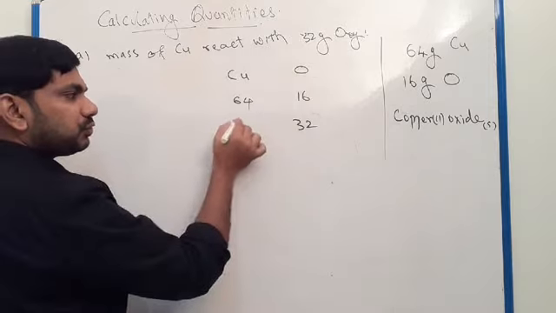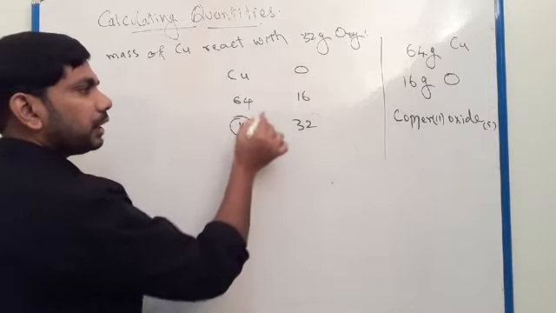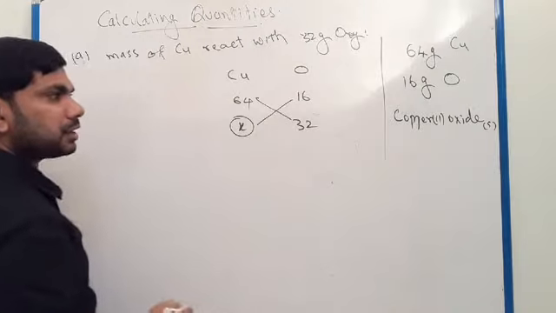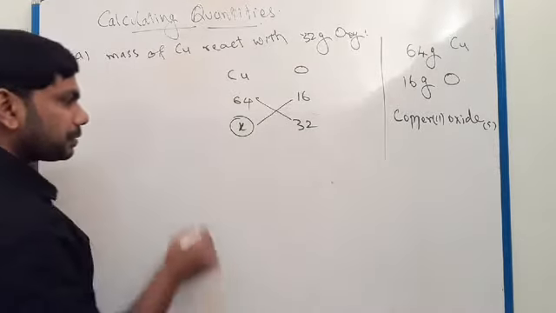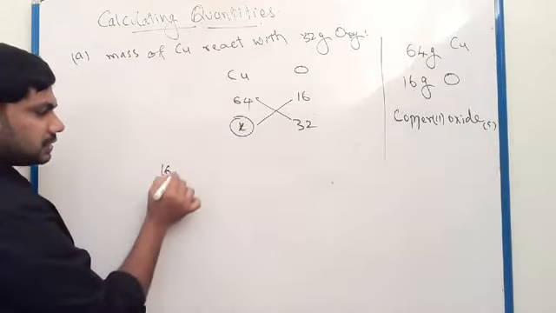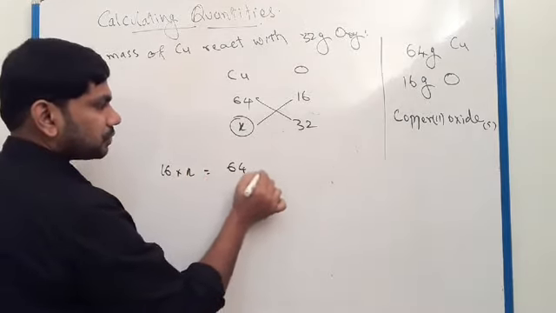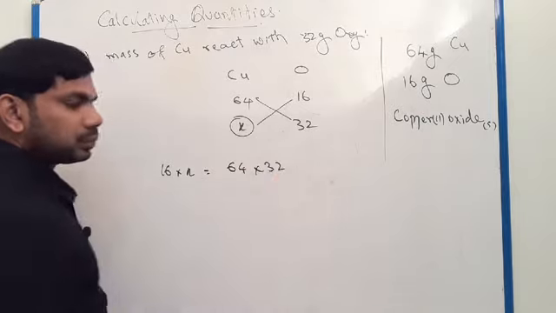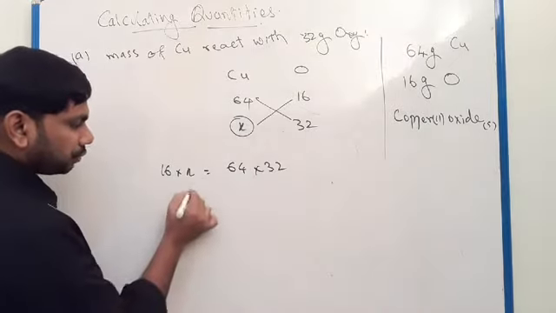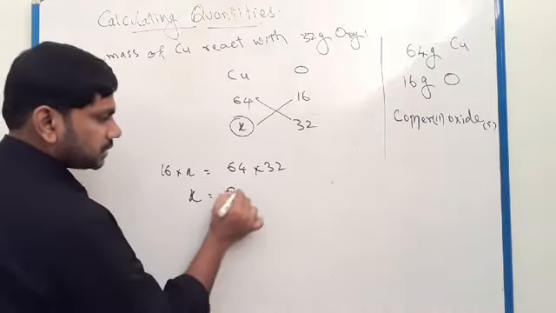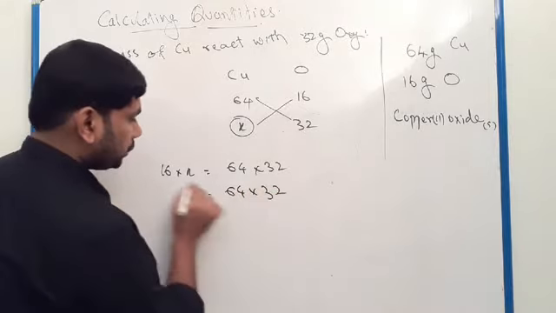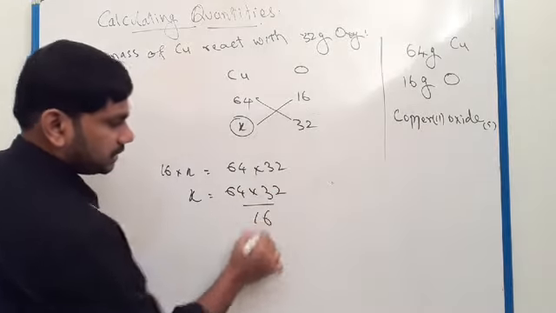This is the unknown value, so you just cross multiply. 16 times x equals 64 times 32. Clear? So the unknown value x will be 64 times 32 divided by 16.